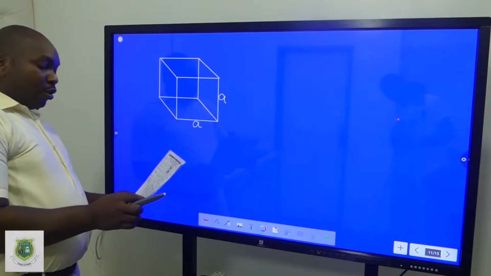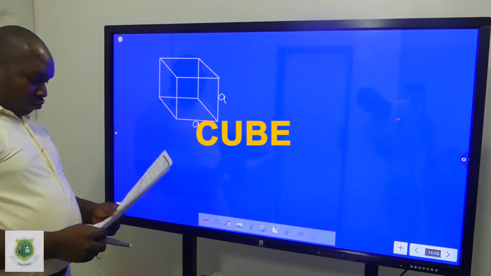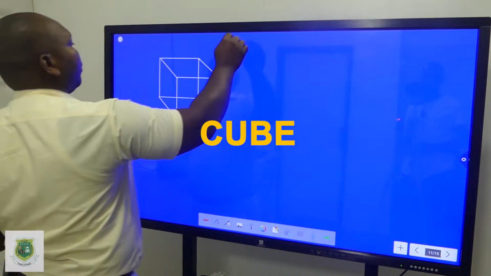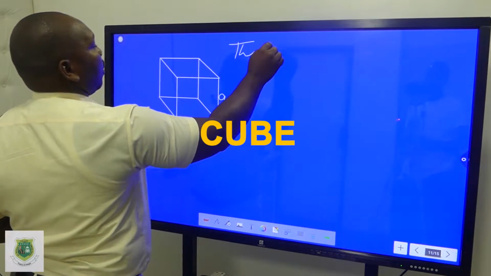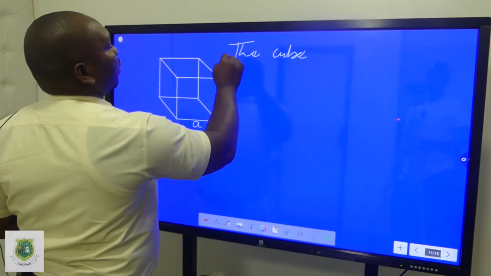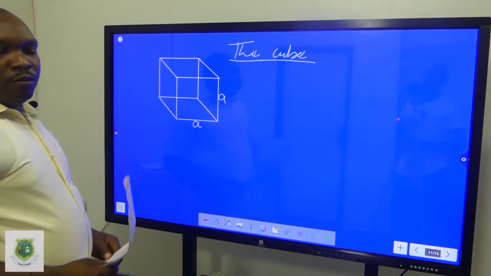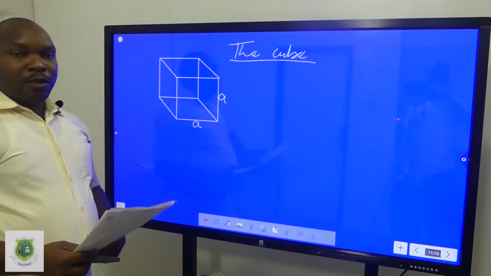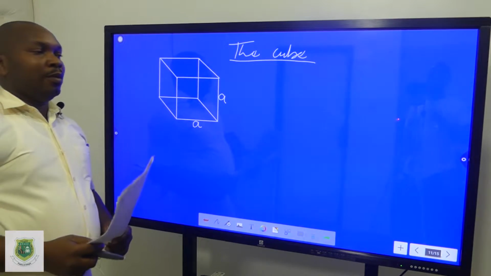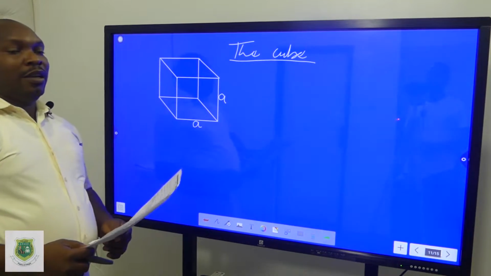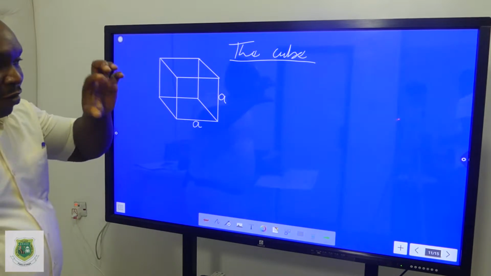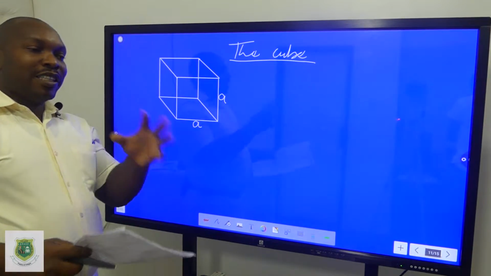The first one we are going to look at is the cube. You have seen cube, the cube of sugar, the sugar you use in drinking your tea, the solid sugar, not the sandy one.